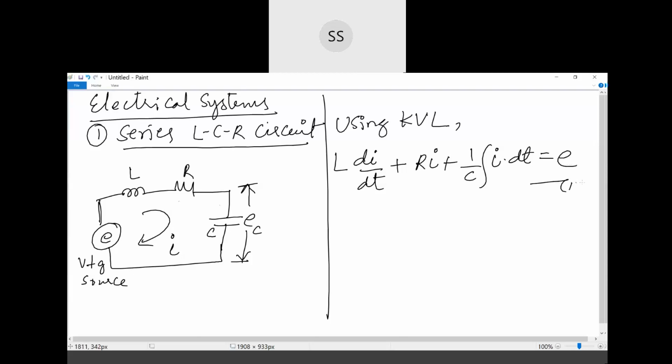Take it as equation 1. And this 1 by C integral of I dt represents E naught, that is the output voltage E naught across the capacitor. Take it as equation 2.